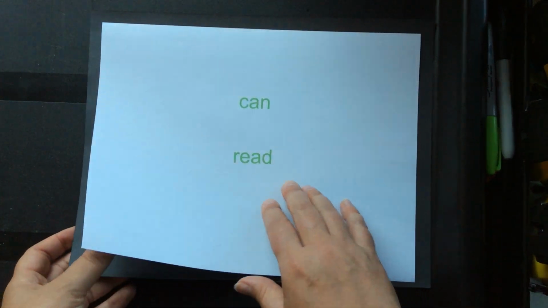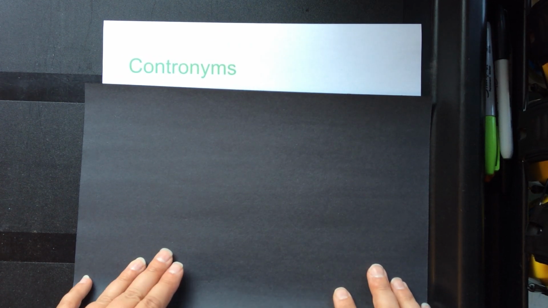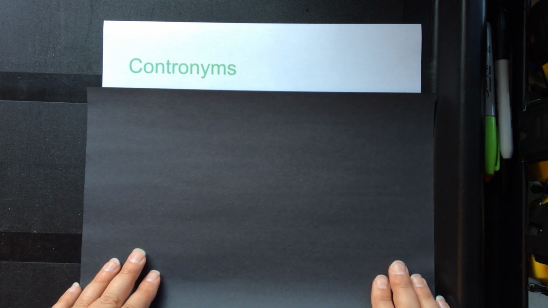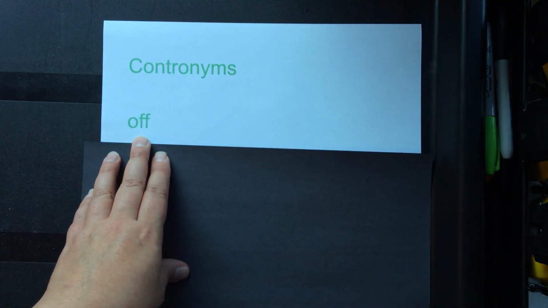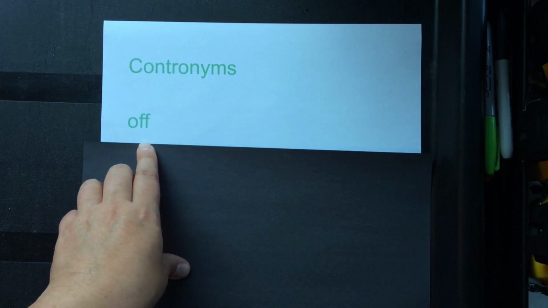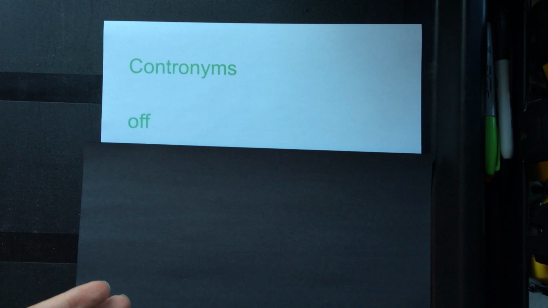So that takes us back to the topic for a second of contronyms. If we think about those words, where a contronym, remember, is a word that's its own opposite. So they are really similar to homographs in that way, because we have one word that can have two meanings that happen to be the opposite meaning as well. So off can mean functioning or not functioning.